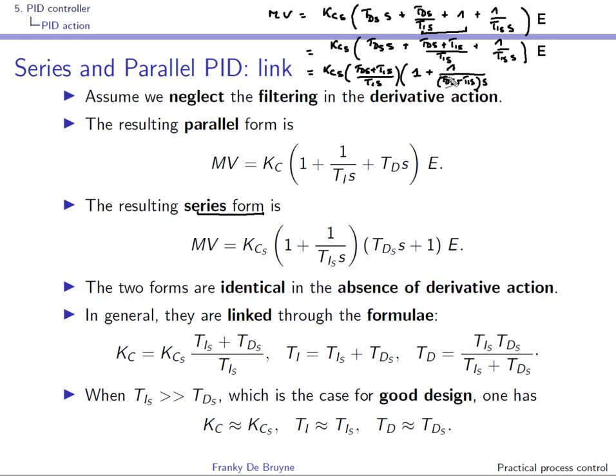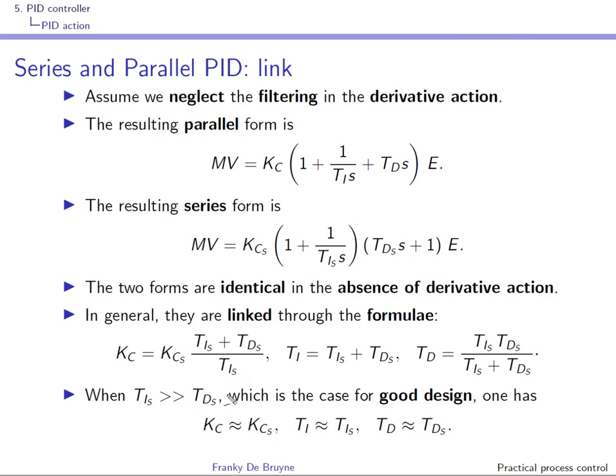So that will be the integral action, and over here, since we have to multiply by the inverse of this one, we'll have TIS TDS over (TDS plus TIS) times S. So now we've rewritten it in the form that you see over here, a parallel form, and you can see that Kc takes this form, Ti takes this form, and Td takes this form.